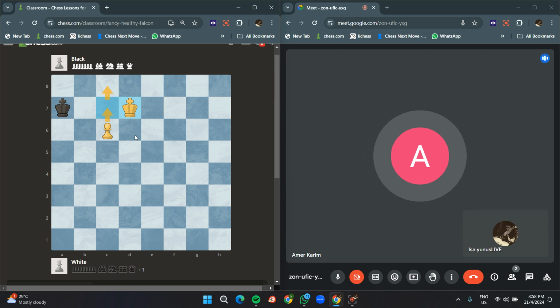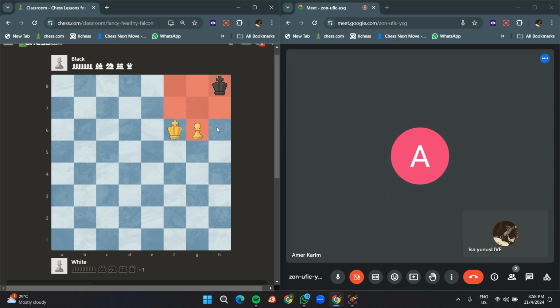Okay, now show me what is the result if this is black's turn, and if this is white's turn. This is one of the exceptions which I was saying earlier. For this pawn, all these six squares are the key squares.